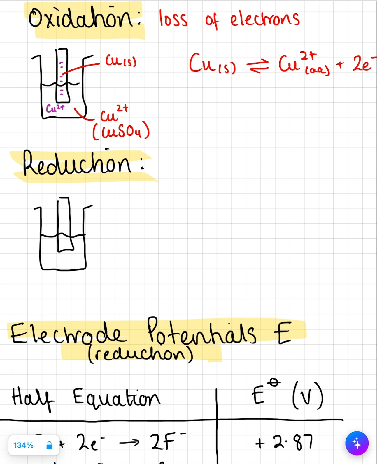During reduction, and reduction is the gaining of electrons, our copper 2 plus ions, which are in solution, gain 2 electrons to produce copper atoms.